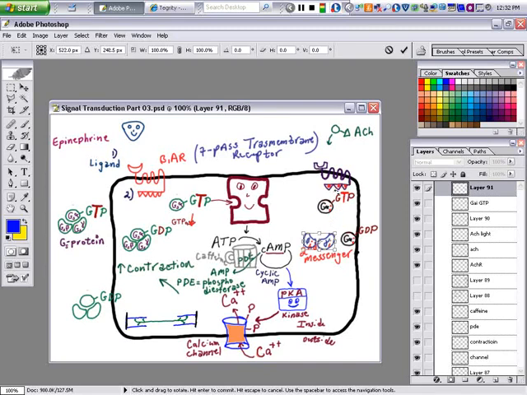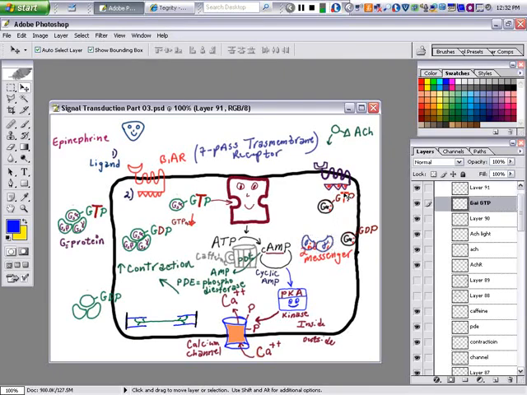Now G alpha inhibitory is going to move to adenylyl cyclase and inhibit adenylyl cyclase. Now you get no cyclic AMP, no protein kinase A activation, no calcium channel opening, and so the cell does not have more calcium, and you don't increase cardiac activity.